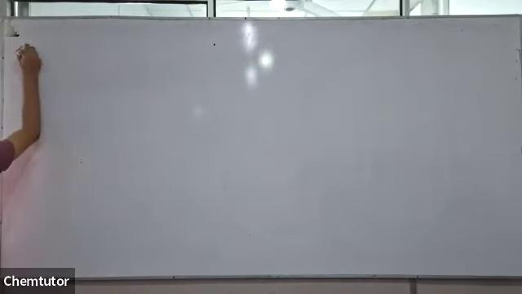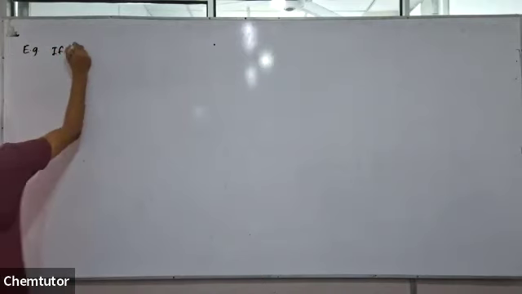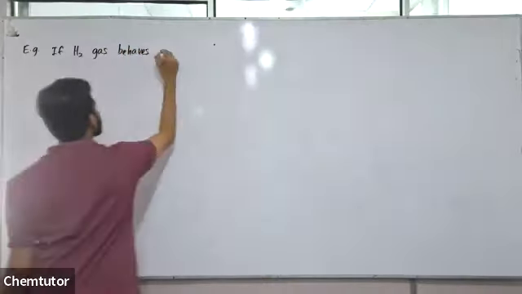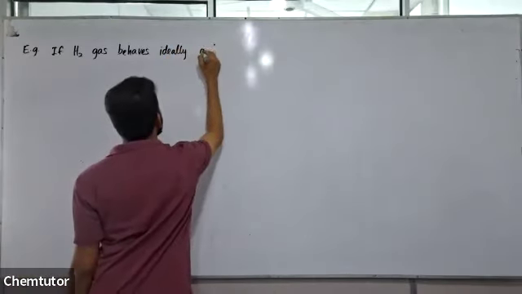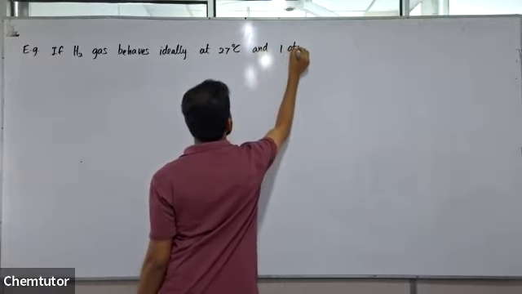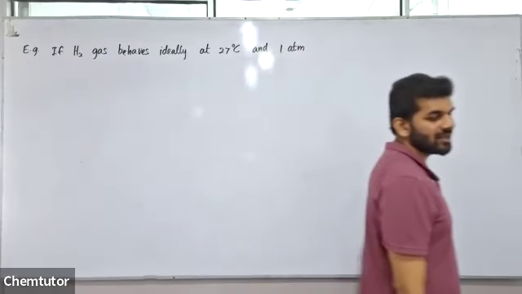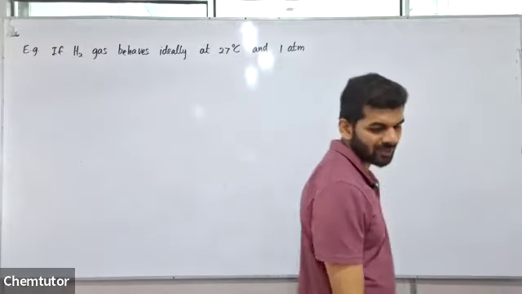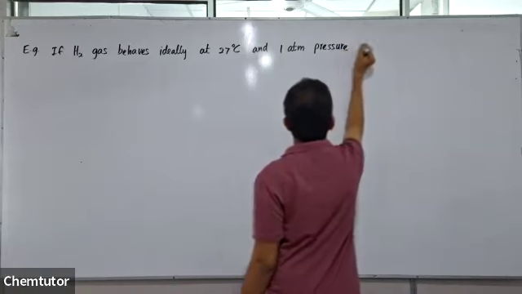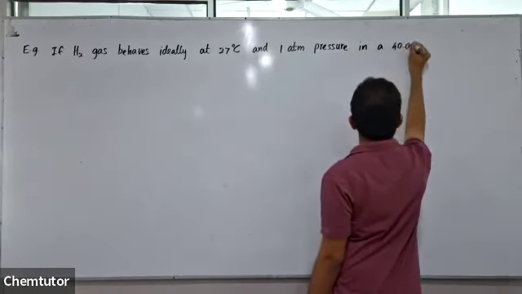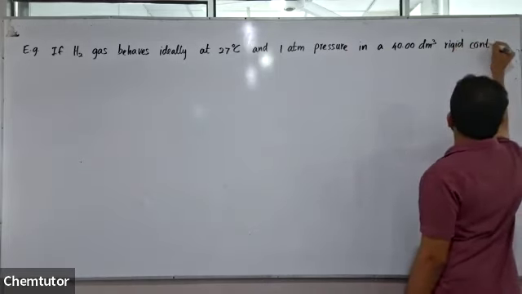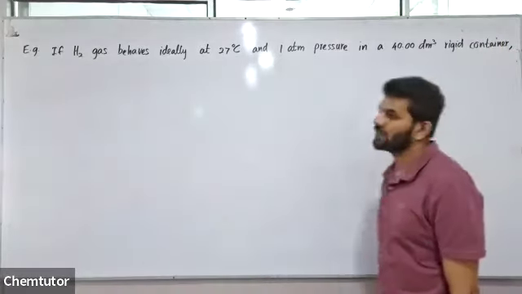Question: if hydrogen gas behaves ideally at 27 degrees Celsius and 1 atm pressure in a 40 cubic decimeter rigid container.